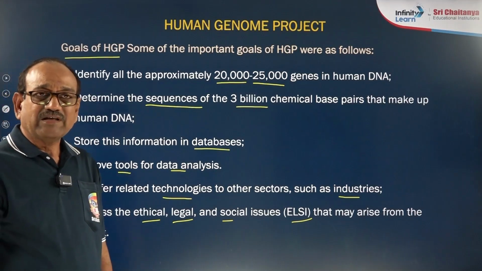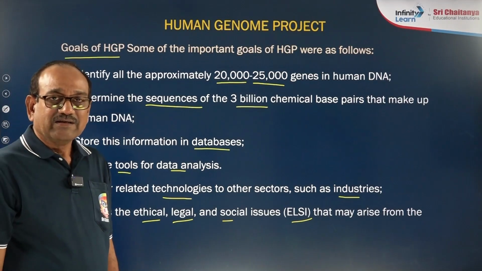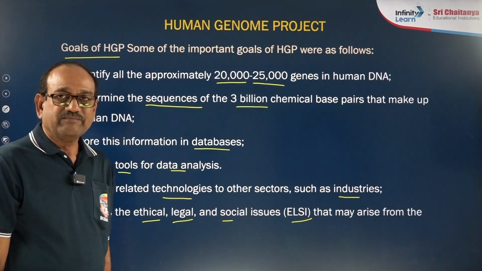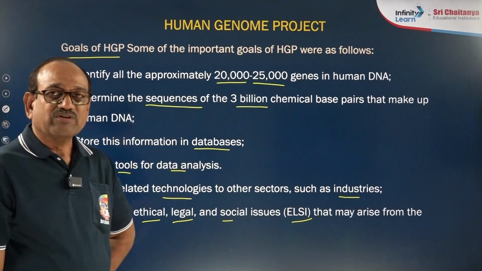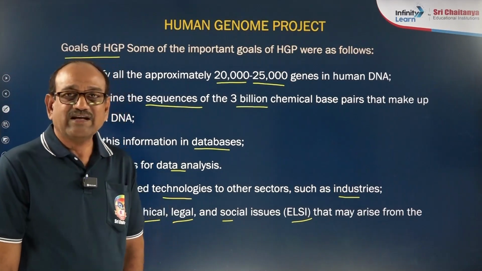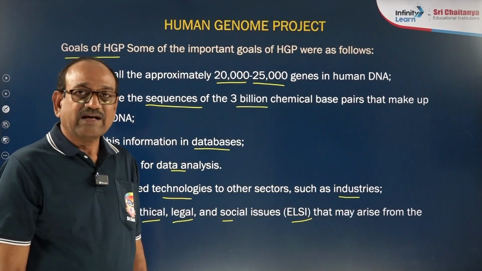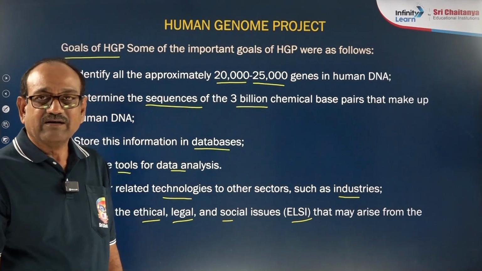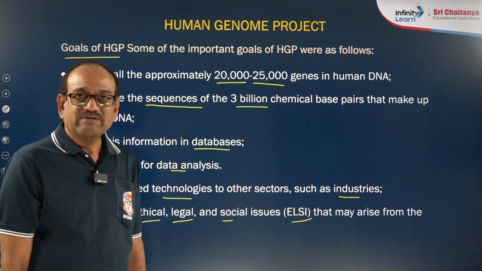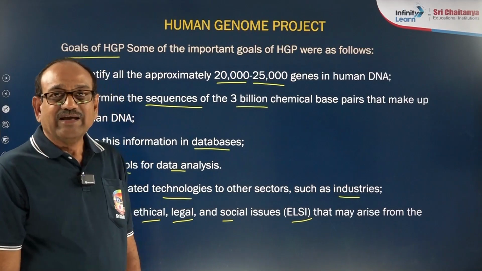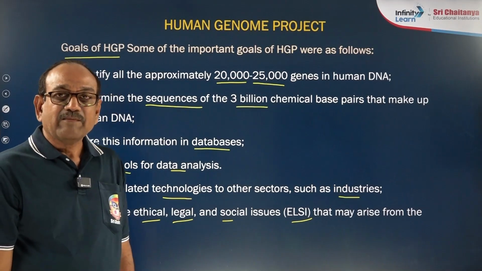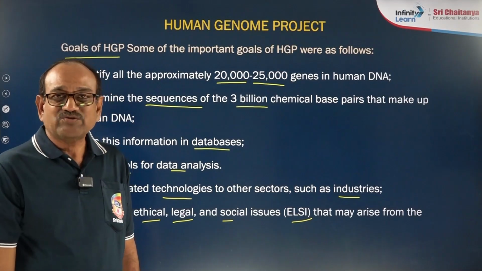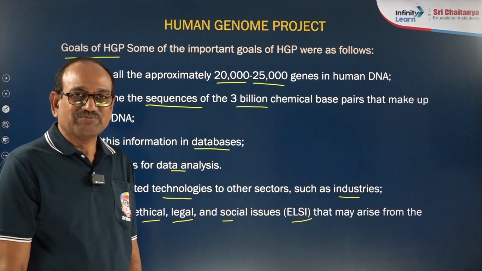How does one scientific research create ethical, legal and social problems? This is very interesting. For example, during this project, scientists collected DNA samples from various parts of the country as well as the world. In one remote village of Haryana, they collected human DNA samples, and to their astonishment, their DNAs exactly resembled Macedonian people's DNA. An Indian with Macedonian DNA. How is this possible?